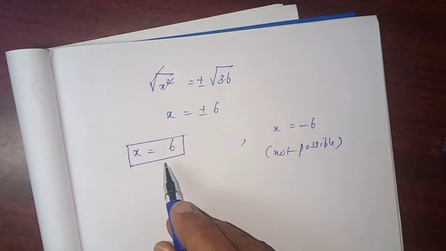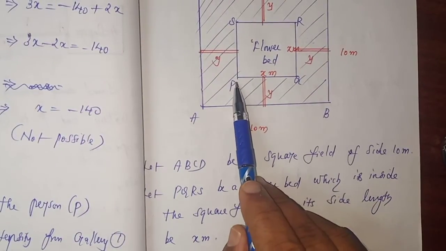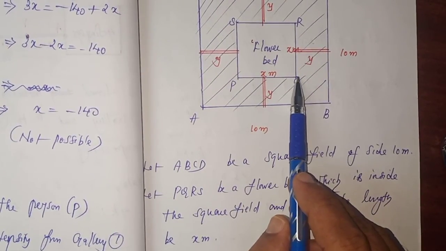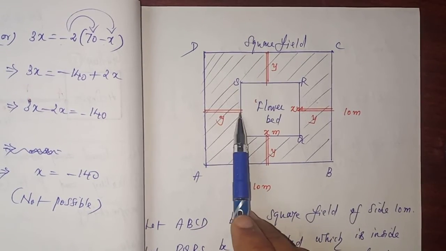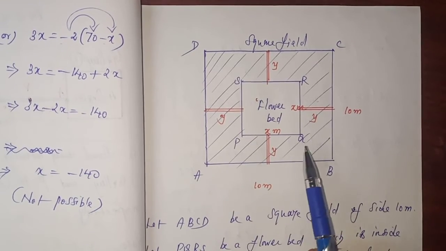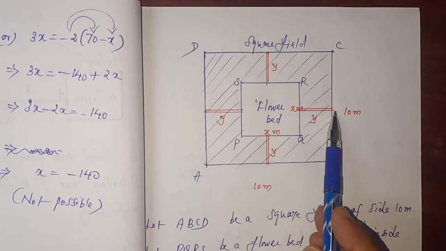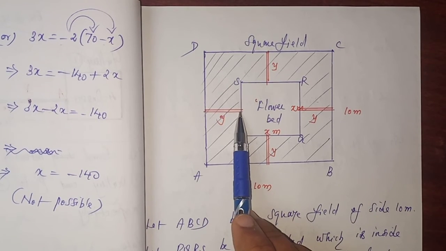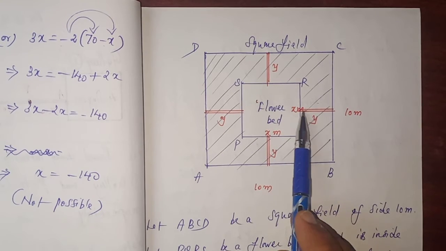Now, I got the value of x only. Here in this problem, x refers to the side of the flower bed. But you are asked to find out the width of the gravel path. How to find? Okay, from the diagram, listen, from here to here, what's the distance? From here to here, this is y, this one is x, correct? Y plus x plus y.